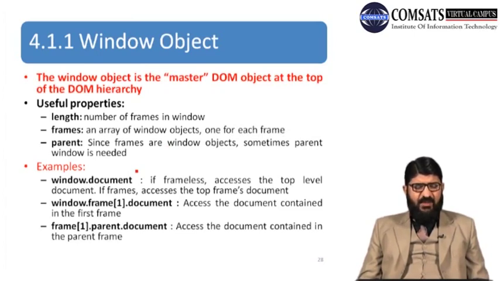The second one is windows.frame index given one.document. So it will access the document that is contained as the first name, and then frame one dot parent dot document, it will access the document contained in the parent frame.